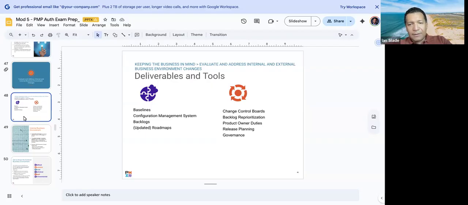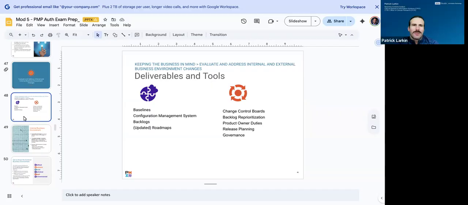Backlogs. A question for you guys. Who reprioritizes backlogs? Is it the project manager or the product owner? Is it product owner? Product owner.